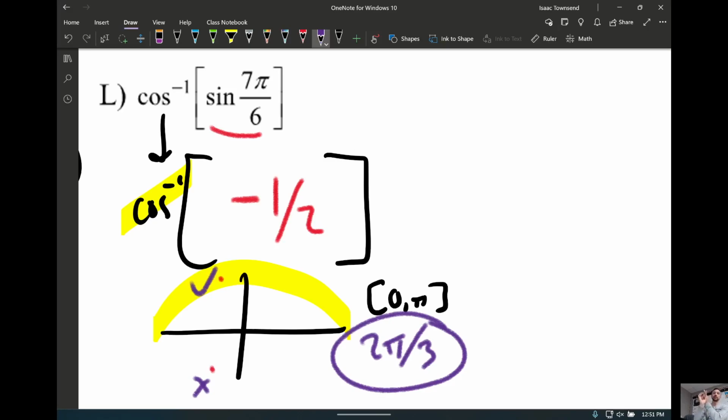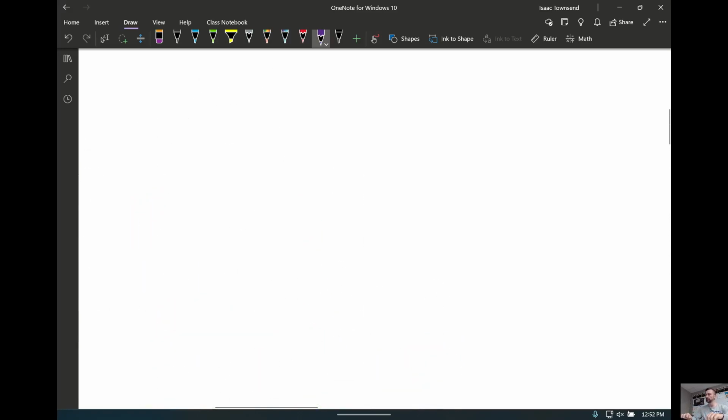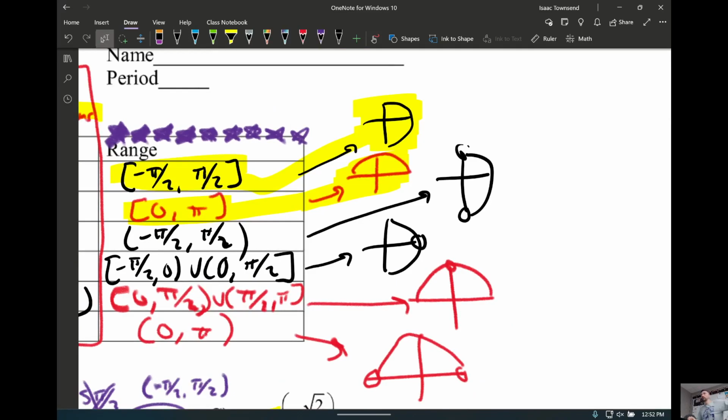But the 2 things I need y'all to do between now and next Tuesday is you need to memorize the range of the 6 inverse trig functions well enough to do a matching quiz.